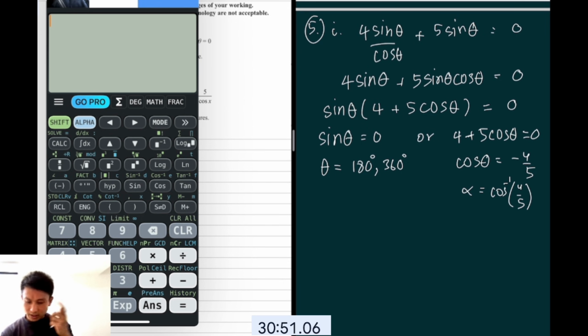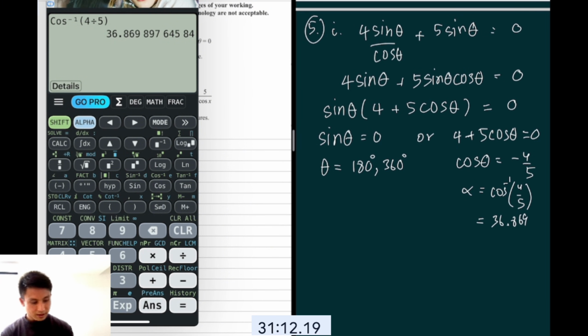Check that this is in degrees. Let me just check sine 30; if it gives me 0.5, then it should be. So cosine inverse of 4 over 5, the principal angle is 36.869897 and so on.